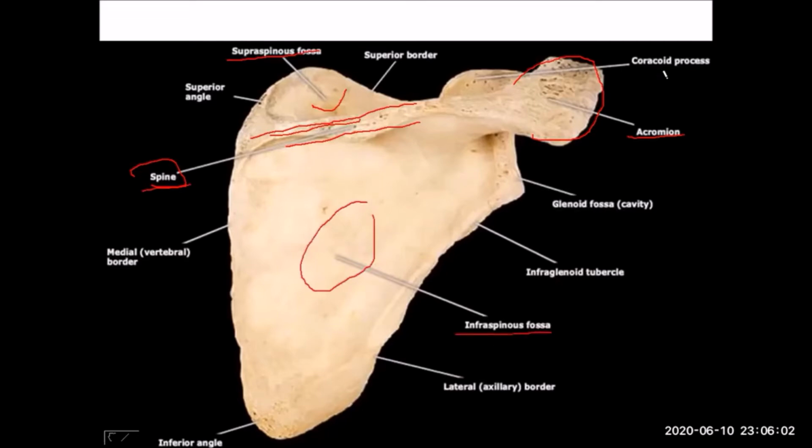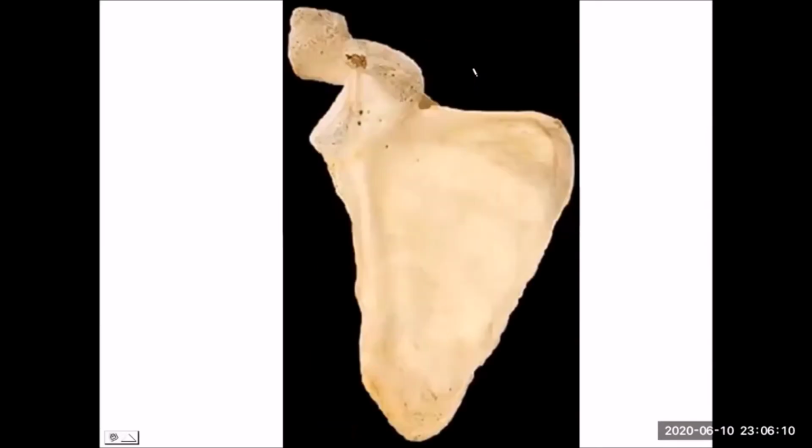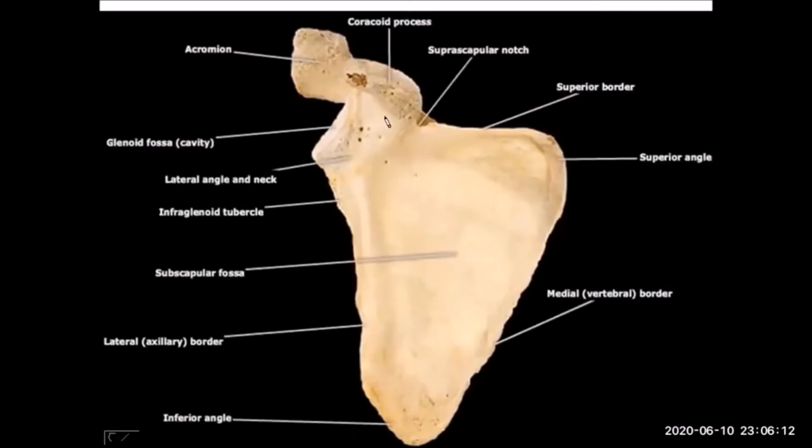The coracoid process is best seen from the anterior side, and we'll turn it around and see it here. So this curved portion here is the coracoid process. On the anterior side, we also get a view of the subscapular fossa.